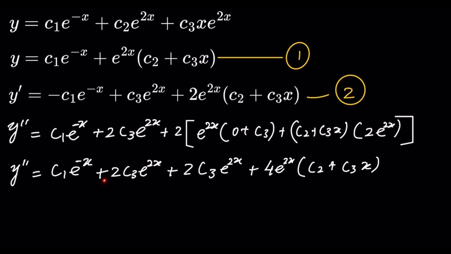Now you can see that we can add these two terms. So this will be making 4c3 e^(2x).